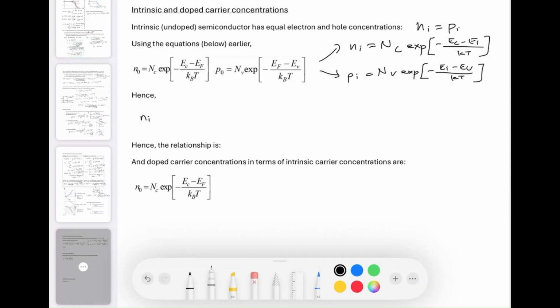Hence, let's take Ni squared. Ni squared, again because Ni equals Pi, is equal to Ni times Pi. So we just multiply these two together. So Nc times Nv times exponential of, so two exponentials multiplied together is just adding what's inside the exponential.